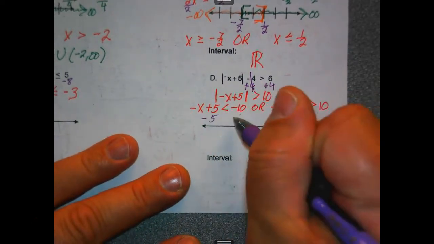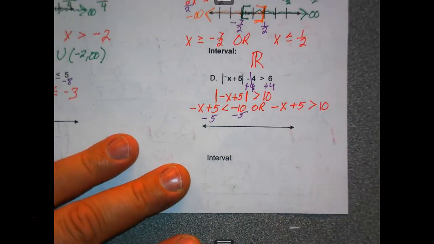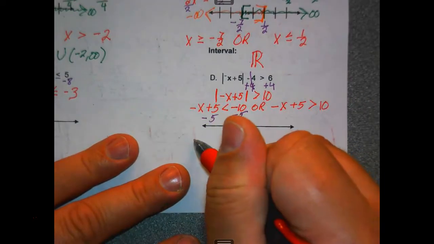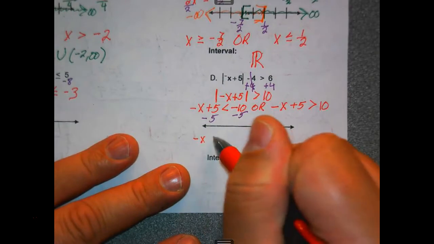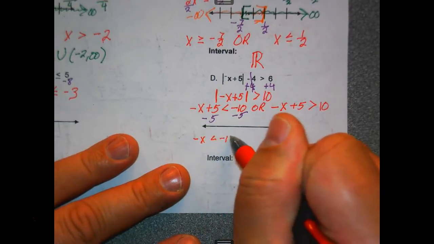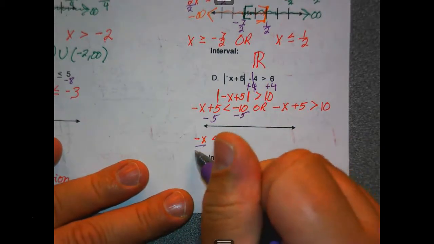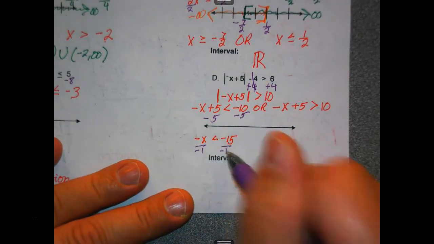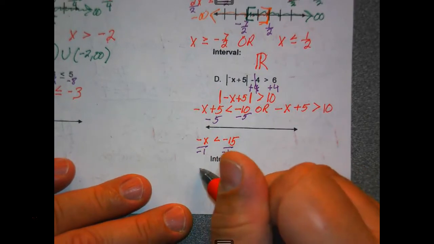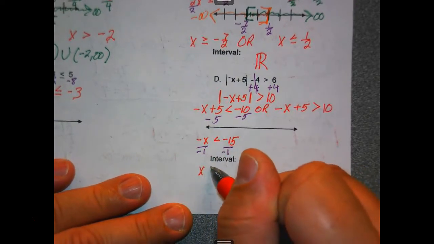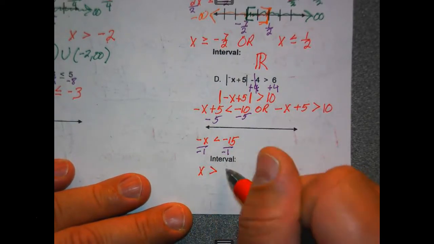Subtract 5. I get -x is less than -15. Divide by -1 or multiply by -1, doesn't matter. And I get x. Flip it, because I'm dividing by -15.